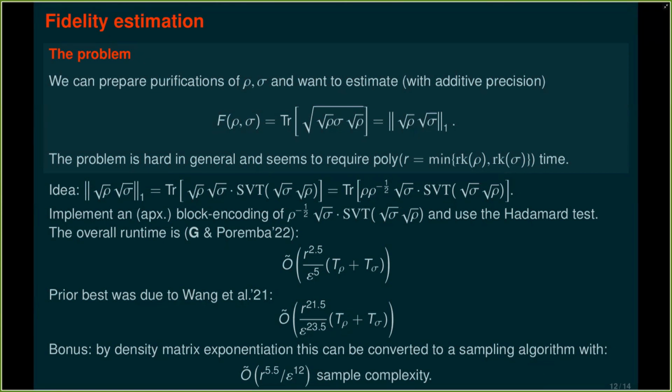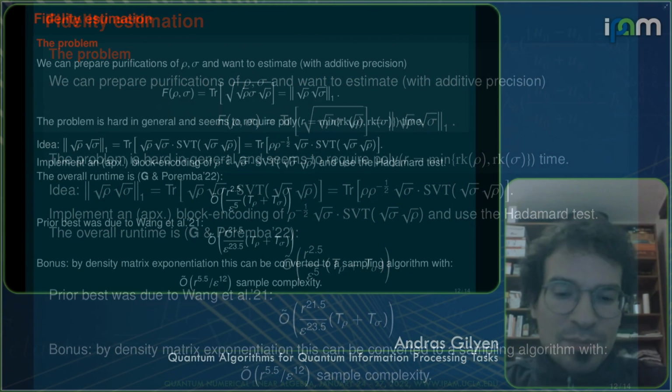By density matrix exponentiation, one can turn this sampling access into block encodings again, and then just apply the previous scheme. And this, again, gives us a new algorithm, the best so far for this incoherent access when we have only copies. And there the complexity is something like rank to the 5.5 over epsilon to 12, still better than the prior best algorithm with a stronger input assumption.